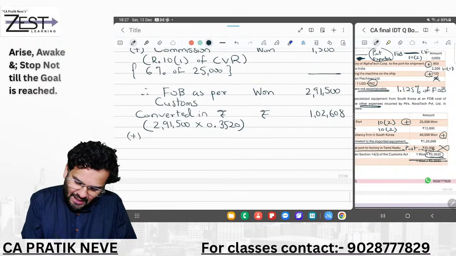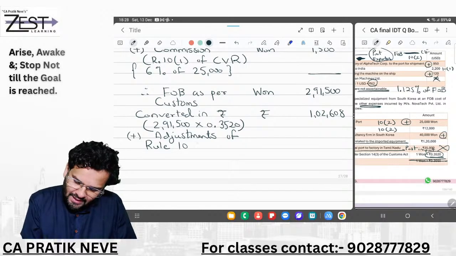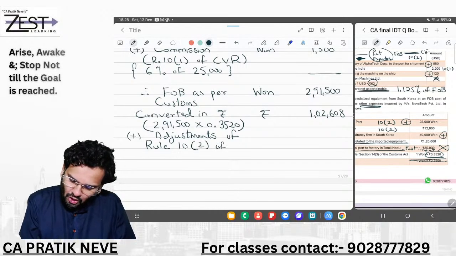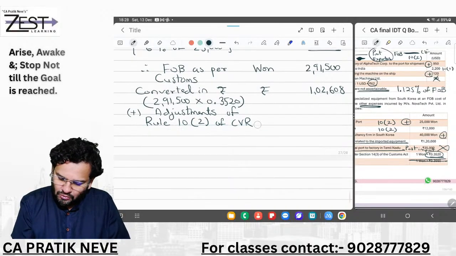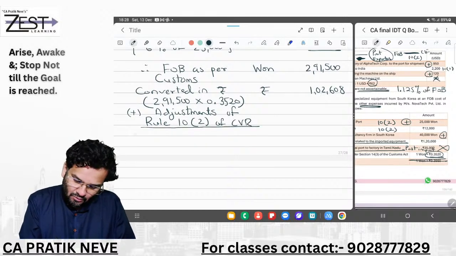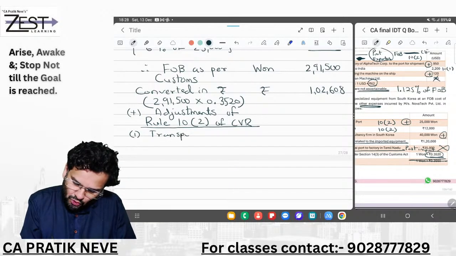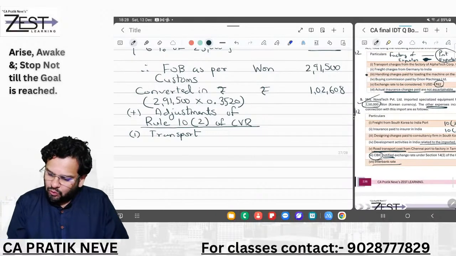Now you go ahead and do the adjustments of rule 10(2) of customs valuation rules. What are these adjustments? First one is transport, which is 25,000 in foreign currency.